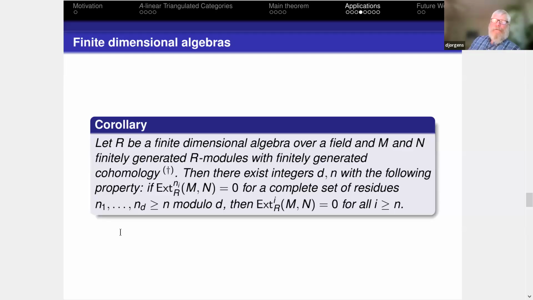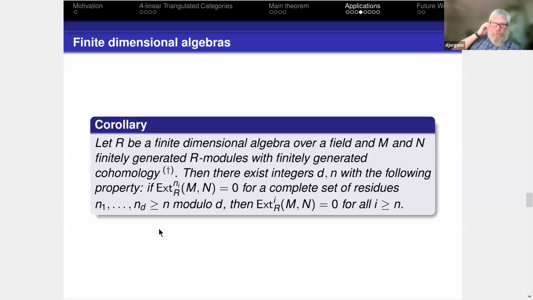For complete intersections, you always have that the Hom plus is finitely generated over this ring of cohomology operators. But in the finite dimensional algebra case, that's not always the case, that the Hom pluses are finitely generated over some algebra, though it happens in a lot of cases. So that's an assumption I just wanted to point out.